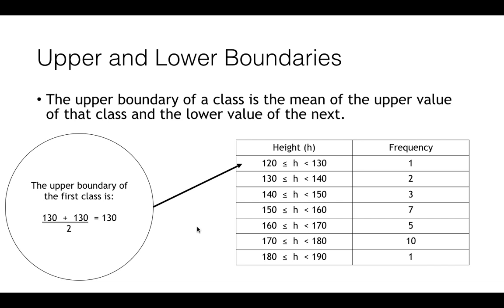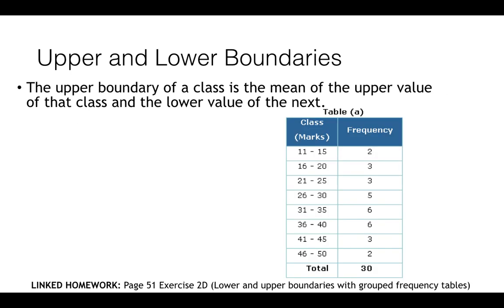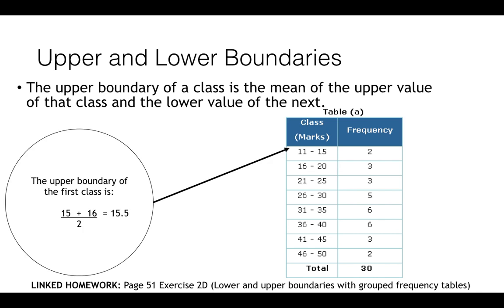However, it becomes more important when you have tables like this. So here, the upper boundary of this class and the lower boundary of this class are not the same. So in this case, the upper boundary of this first class is 15 plus 16 divided by 2, and that gives us 15.5.